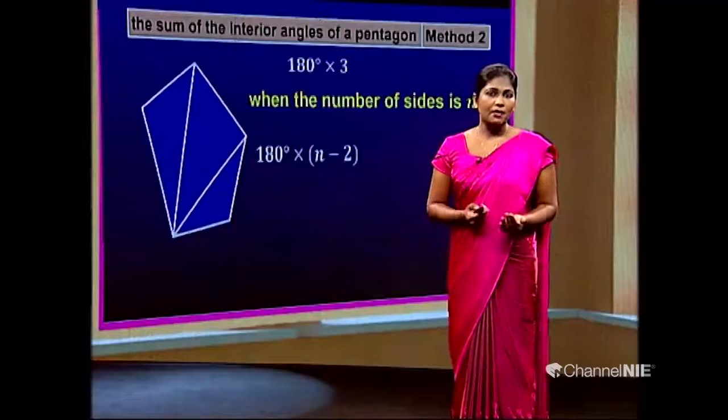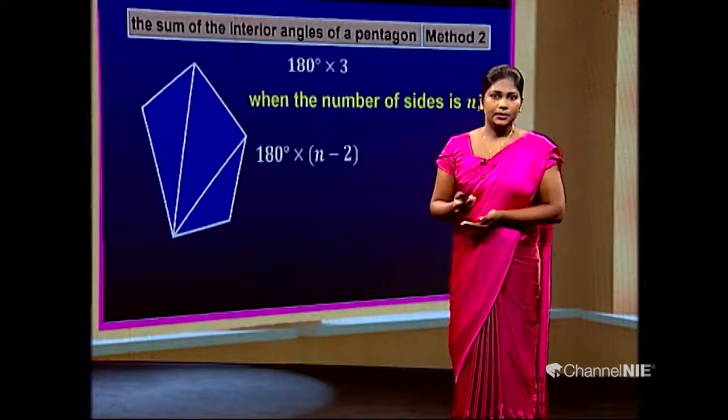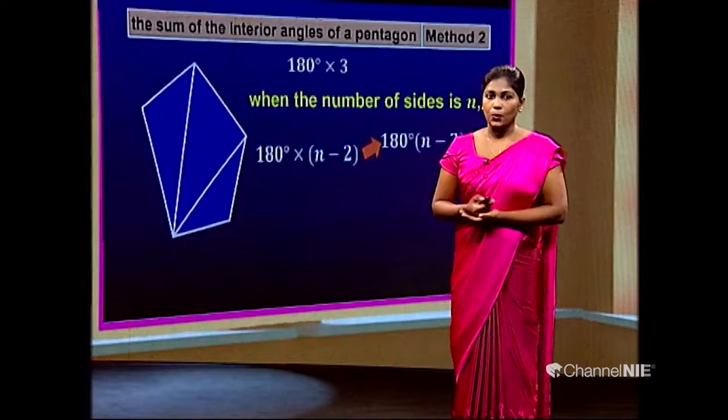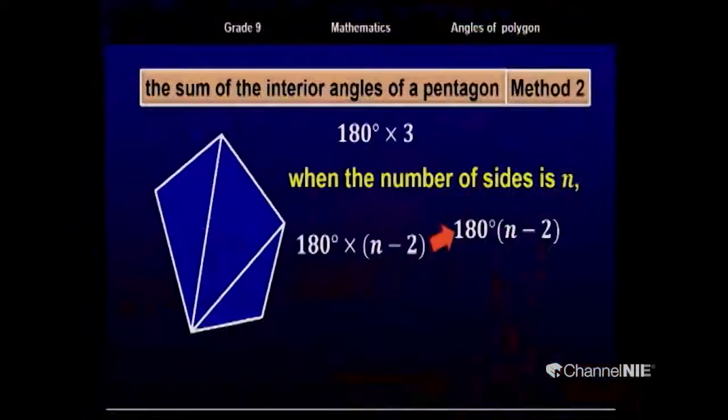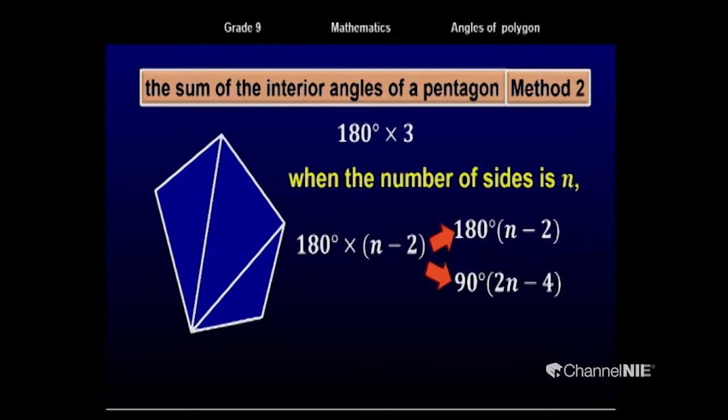Again, you can write the formula in the same ways as 180 into (n minus 2). Another way, now you know 90 (2n minus 4), and finally, in place of 90 degrees, right angles (2n minus 4).